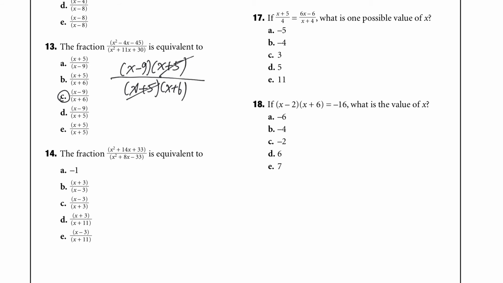Number 14, numbers that multiply to give you 33, add to give you 14, that's 11 and 3. Numbers that multiply to give you negative 33, add to give you 8, 11 and negative 3. So you can cancel these out, and you have x plus 3 over x minus 3.